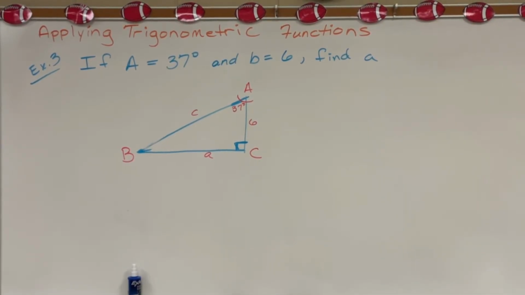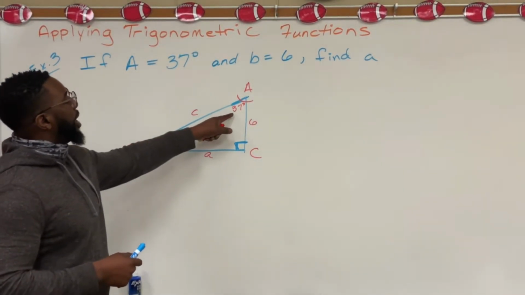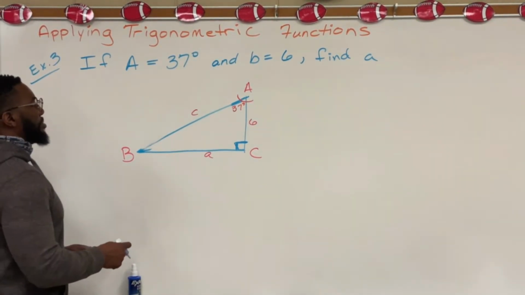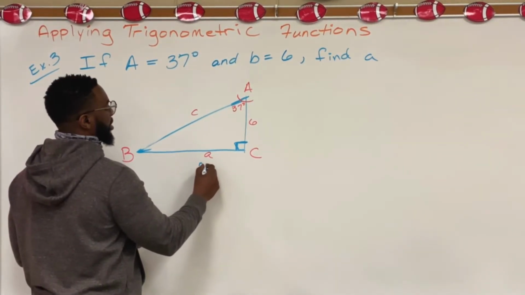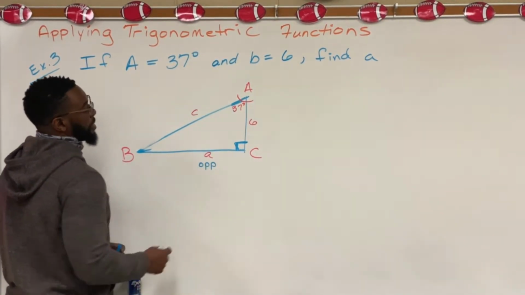Example 3. If angle A equals 37 degrees and B equals 6, find side A. All right, looking at angle A, which is 37 degrees, that means that side A will be the opposite.